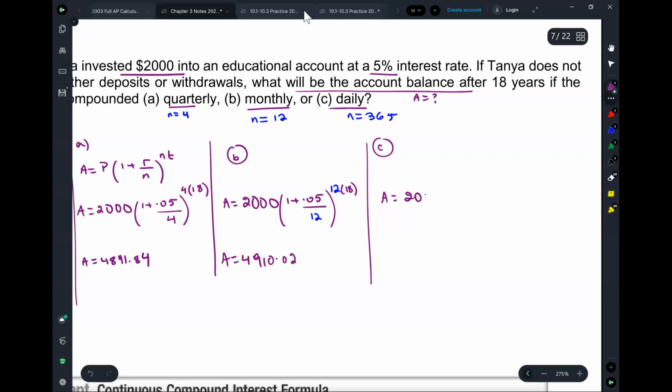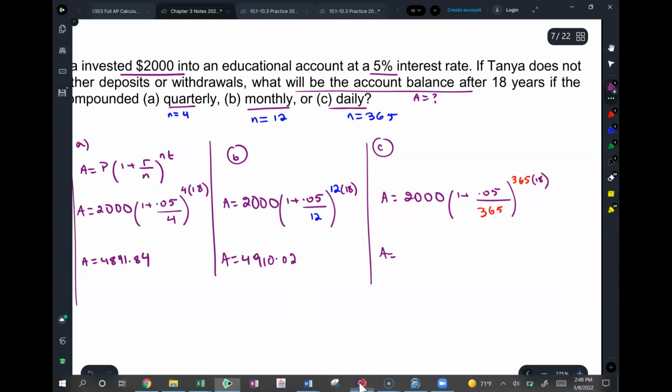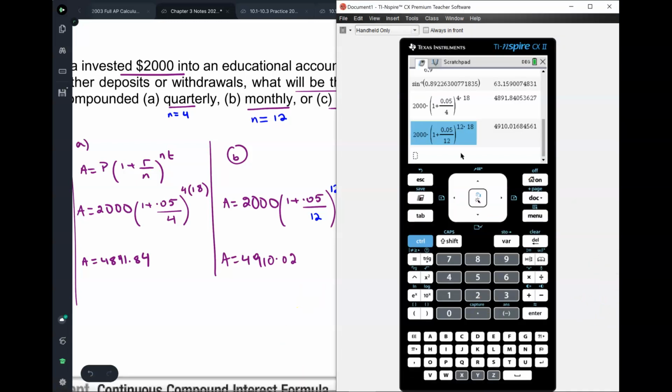A equals 2,000 times (1 plus 0.05 over 365) this time, to the power of 365 times 18. So go ahead and edit, and let's see what we're going to get. You remember how to edit?